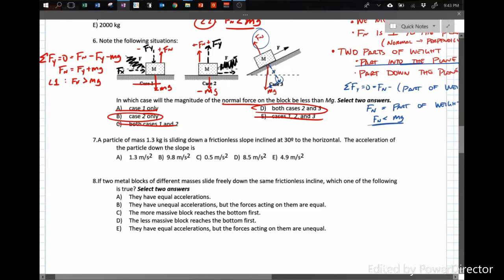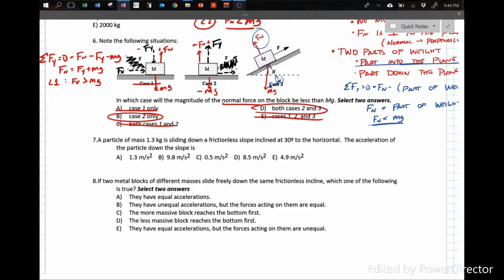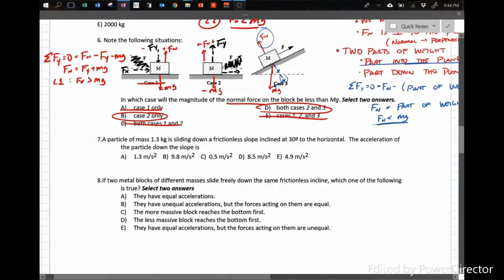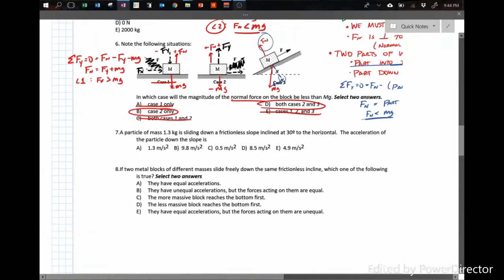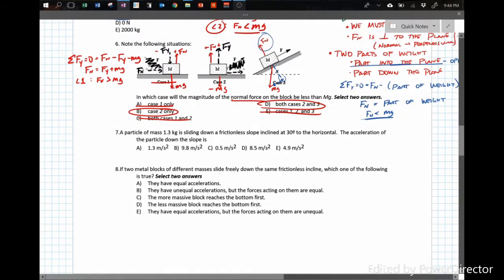All right, a particle of mass 1.3 kilograms is sliding down a frictionless slope inclined at 30 degrees to the horizontal. The acceleration of the particle down the slope is. All right, so we have a mass, and we want to find the acceleration.